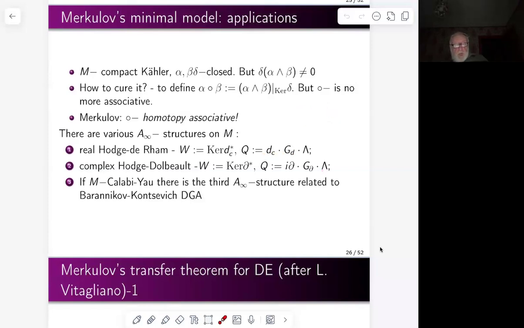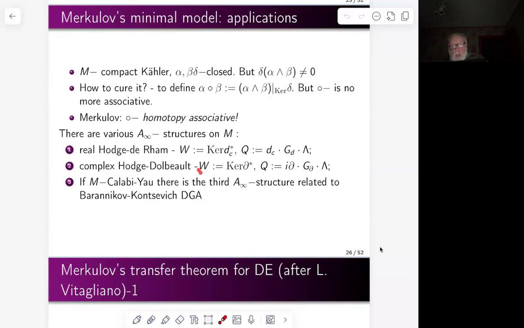If instead of de Rham Hodge we have a complex version of Dolbeault Hodge with double grading, then instead of d^c star we should take partial star, of course, with respect to the metric.